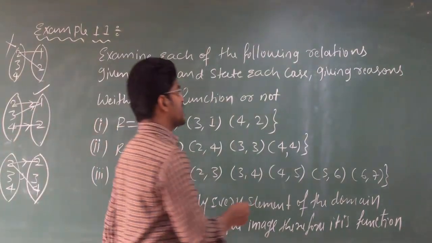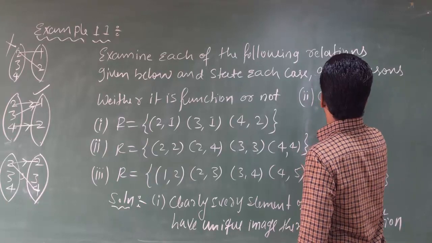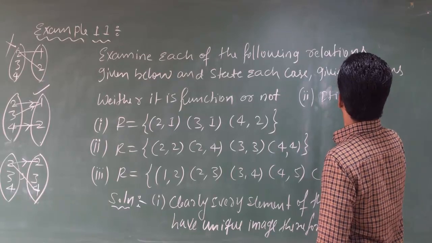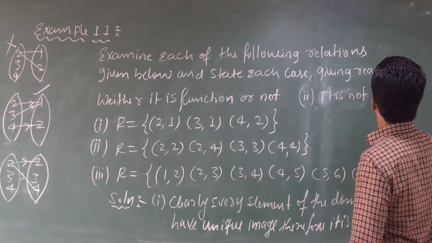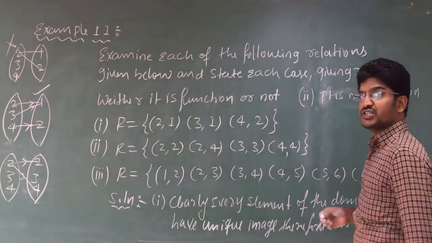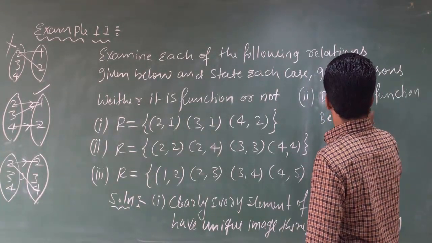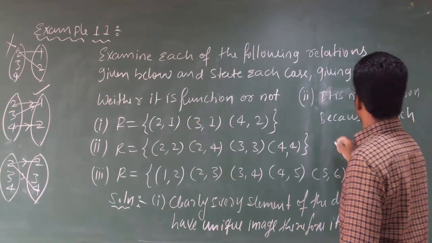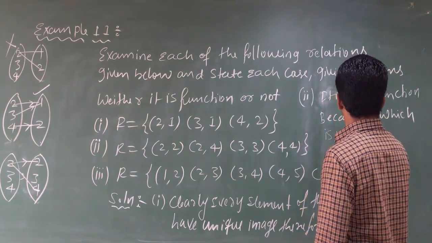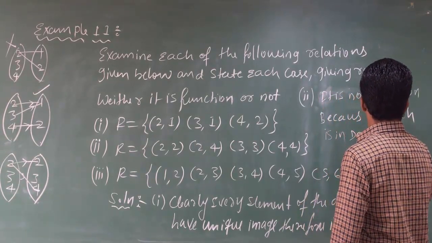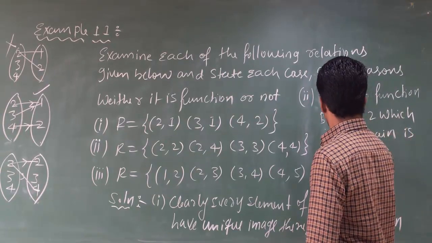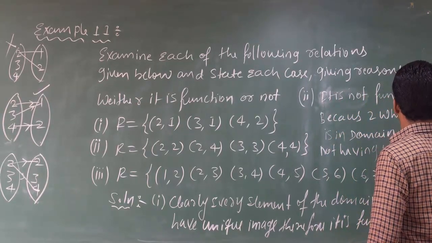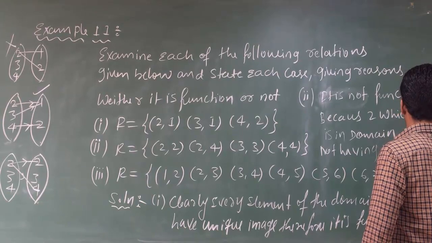So while writing the second question, clearly, or you can say not clearly, it is not a function because 2, which is in the domain, is not having a unique image.